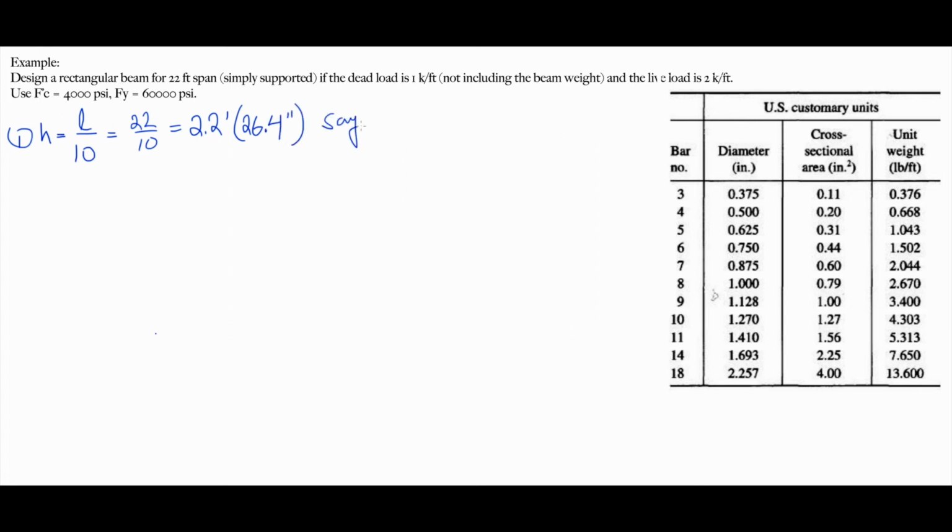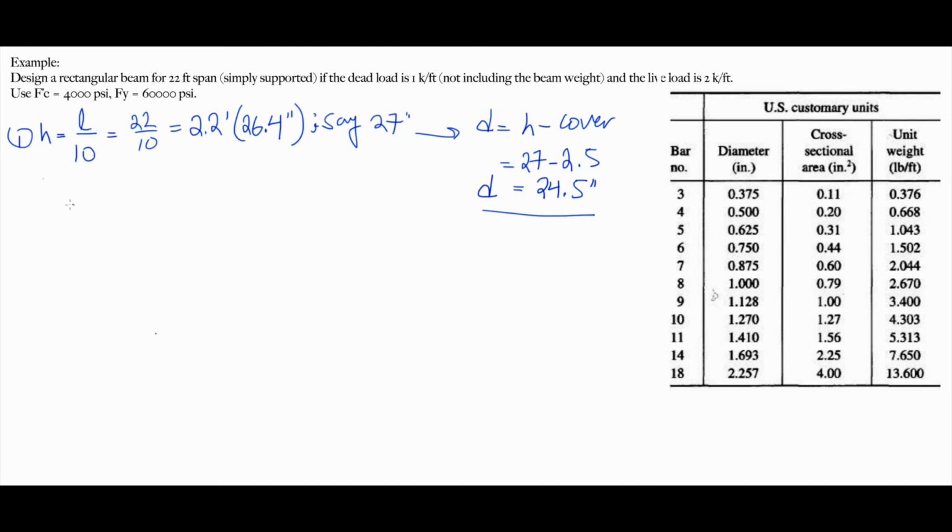Let's take 27 inch. Now d equals h minus the cover. Let's take the cover 2.5 inch, so 27 minus 2.5 will give you 24.5 inch. This is d, right?